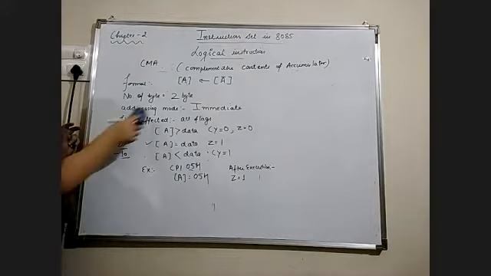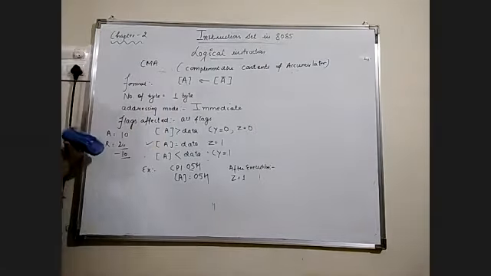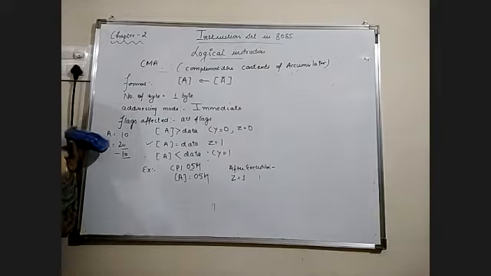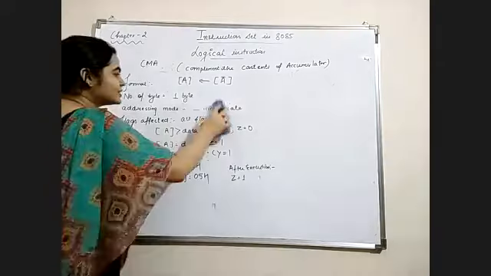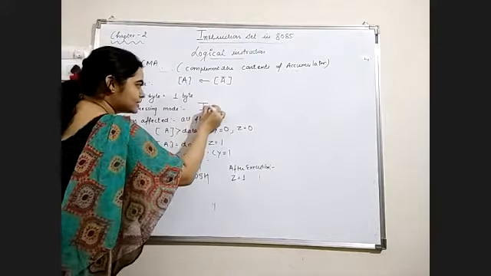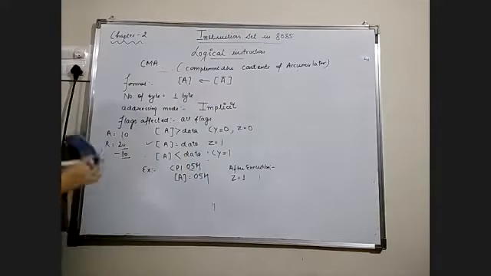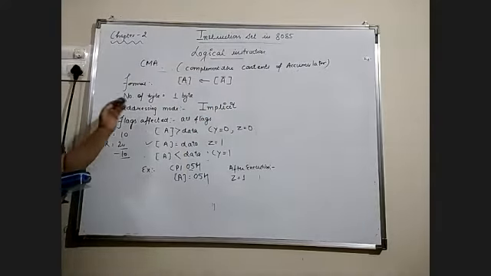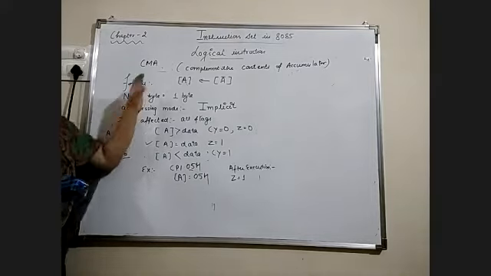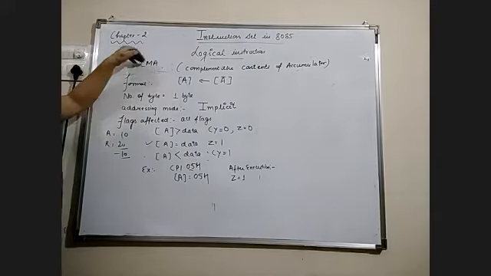So this instruction will occupy only 1 byte of memory, because in this instruction no data or address is explicitly defined. The addressing mode of this instruction is implicit or implied addressing mode. Why? Because in this instruction the contents which the microprocessor is going to complement are present in the opcode only.